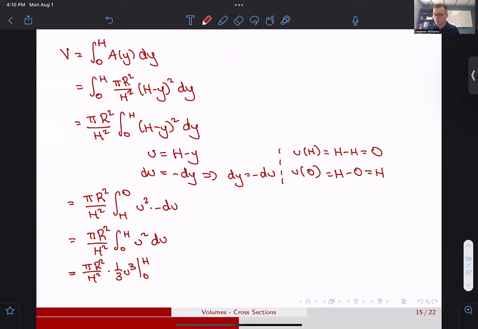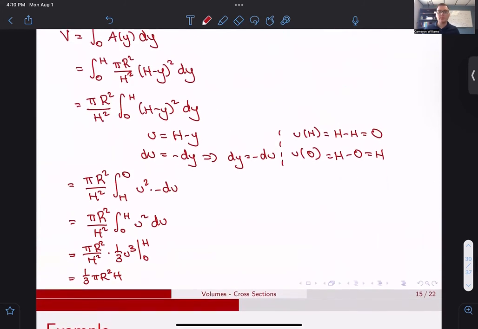Now we only have to worry about the upper limit. And when we plug that in and simplify really quickly, we'll get 1/3 pi R squared H. Because we'd have an H cubed, but then we had an H squared in the denominator. So we're just left with the single factor of H now.